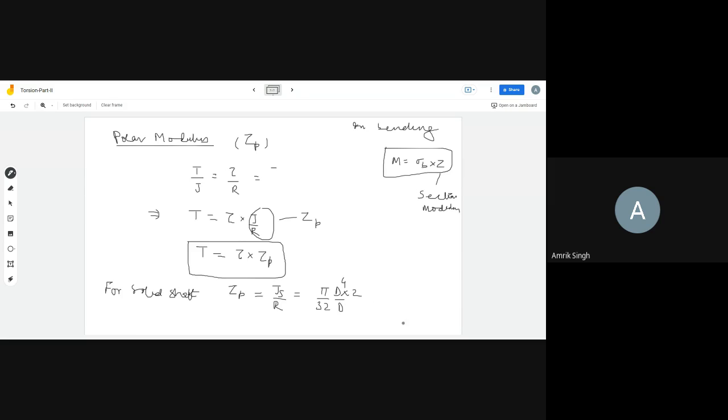So Z_P becomes pi by 16 D cube. So this will be for solid.